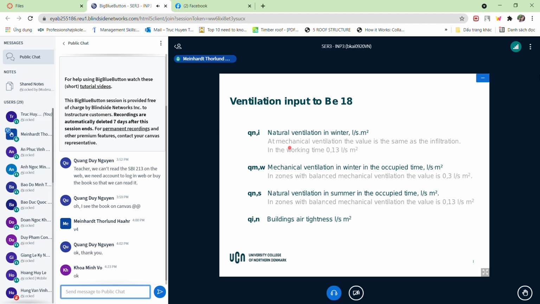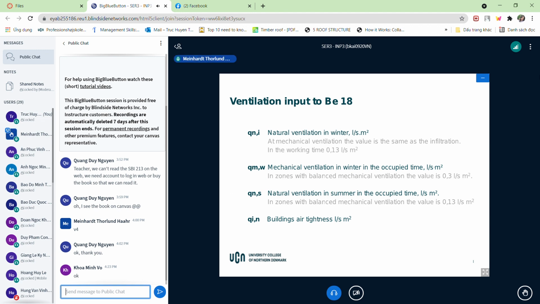Even though you don't want any natural ventilation, you're going to get it as infiltration, unless it's a spaceship, I guess. But no building that we build today is going to be airtight. So the consequence is that all buildings we build today have some kind of natural ventilation where we can't use the heat exchanger.